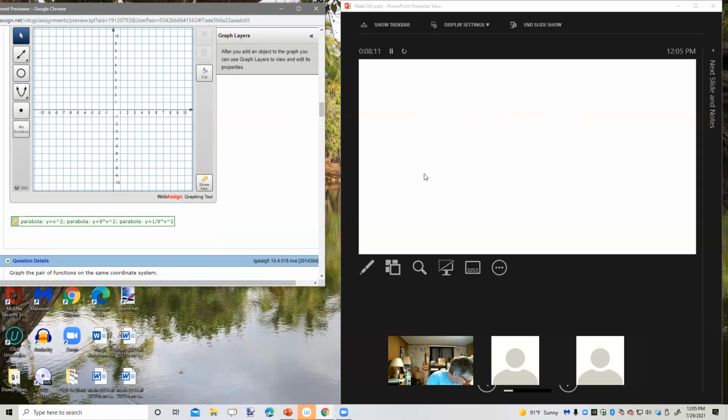Let's say we have the following equation. F of x equals x minus 1 squared plus 2. Okay? So the vertex is at 1, 2.